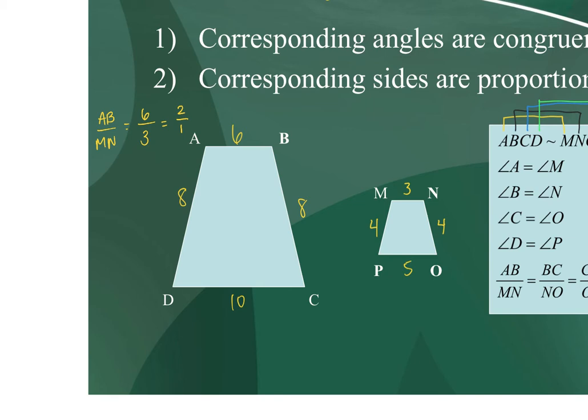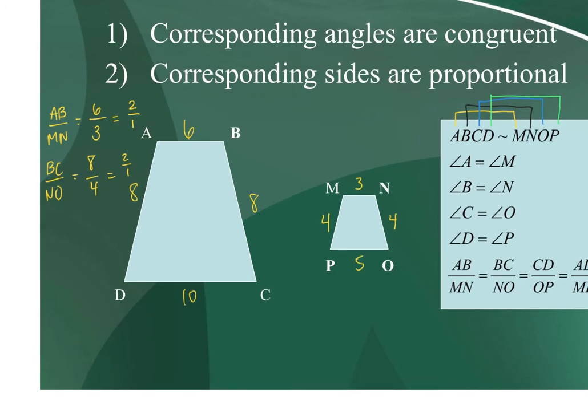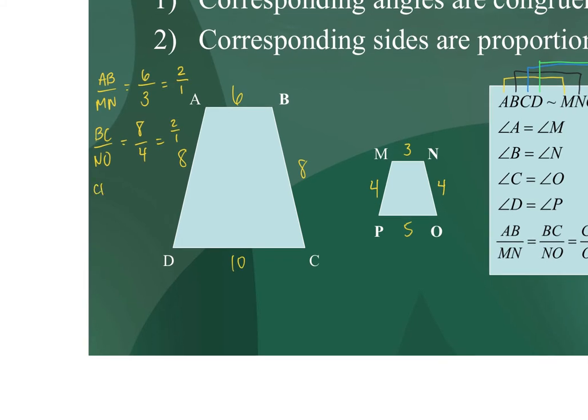BC over NO. BC is 8, NO is 4. 8 over 4 reduces to 2 over 1. CD over OP. What's CD?